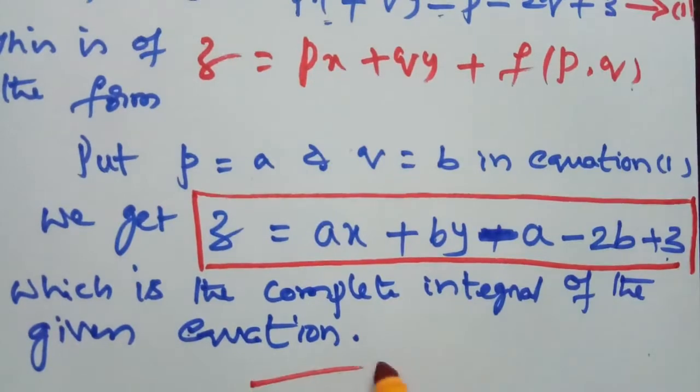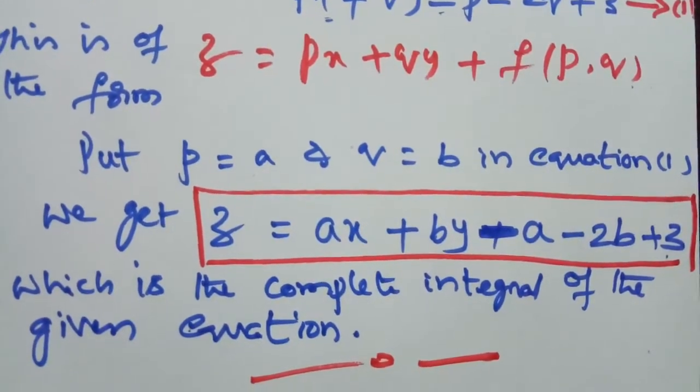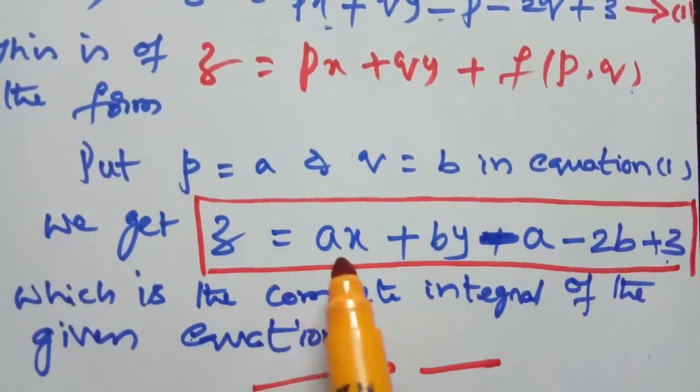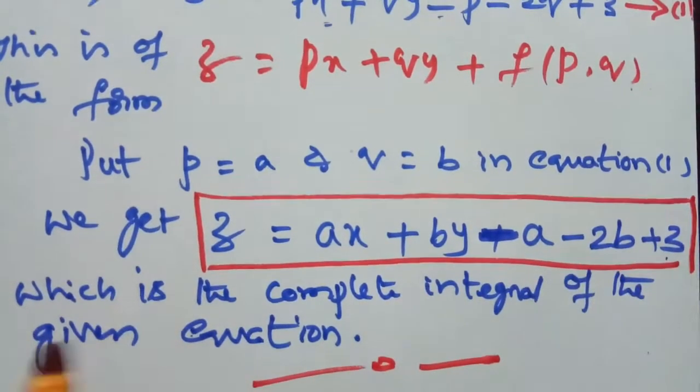Now equation number 1 and its solution is z is equal to ax plus by minus a minus 2b plus 3.